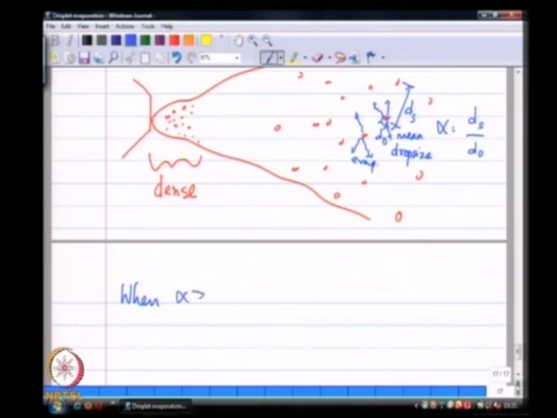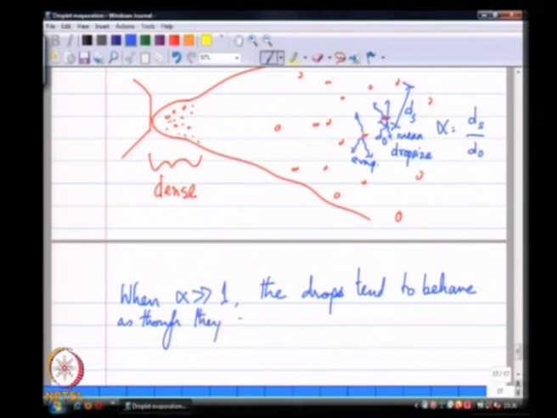So, each drop is evaporating in some mean temperature field, completely unaware of the presence of the other drops. This is the limit when alpha is much greater than 1, as though they are unaware of the presence of the other drops.